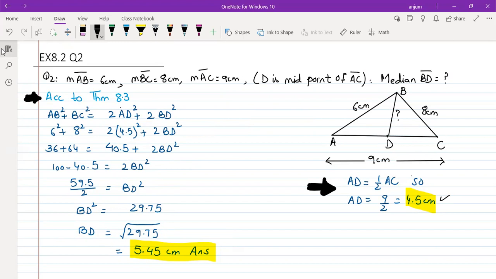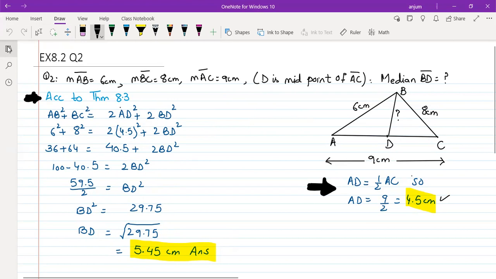By taking their squares, adding them, and subtracting, 100 minus 40.5, we will get 59.5 by 2. When we take the square root of 29.75, it comes to be 5.45 centimeter. So its median is 5.45 centimeter.